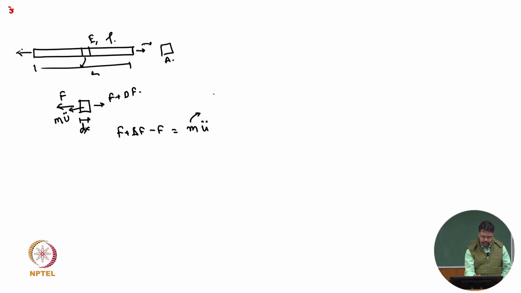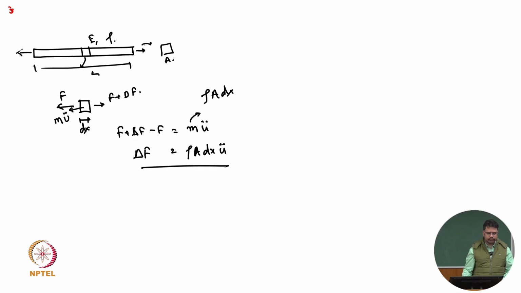Now mass is how much? Rho is the density, and A is the area, and dx is the length. So you can say rho A dx into U double dot. Okay. So that is delta force equal to this much.